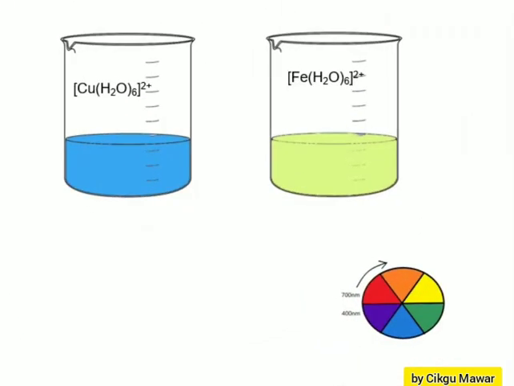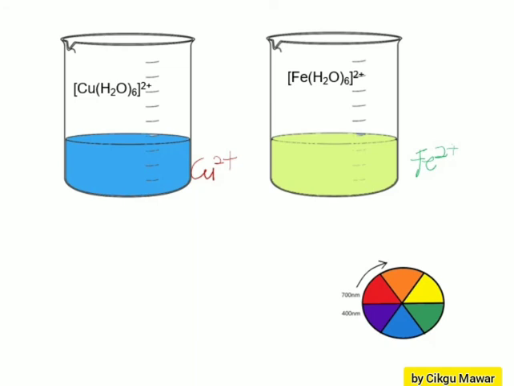For example, I have listed two different central metal ions. The first one is copper 2 plus, while the other one is iron 2 plus.